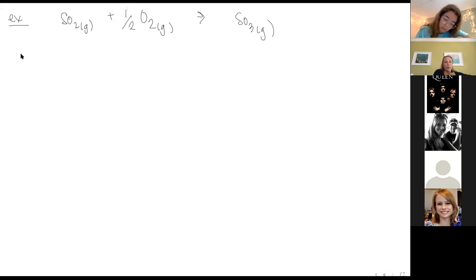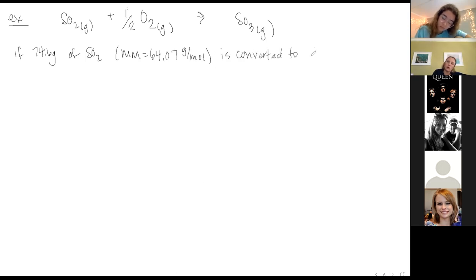The problem statement says, if 74.6 grams of sulfur dioxide, which has a molar mass of 64.07 grams per mole, is converted to SO3, what is the associated energy?